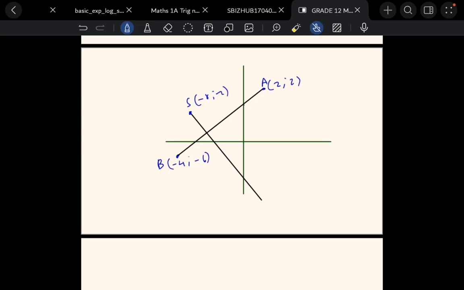I know it does not make sense, but this is not drawn to scale. Just drawing.